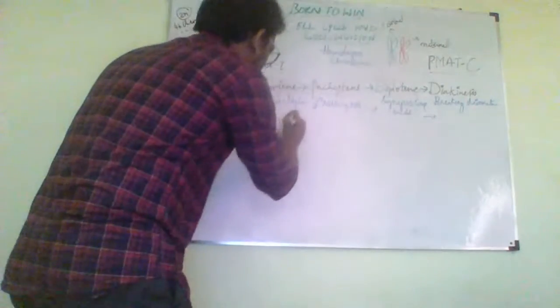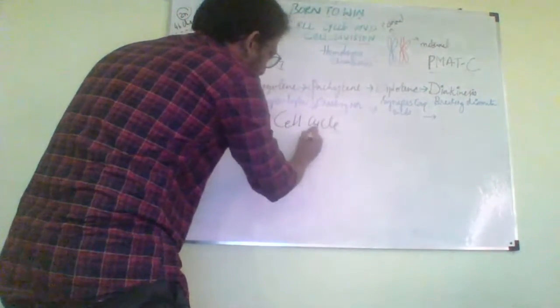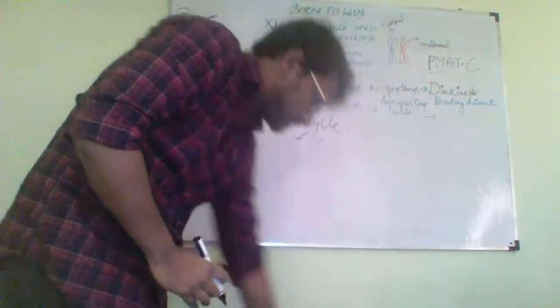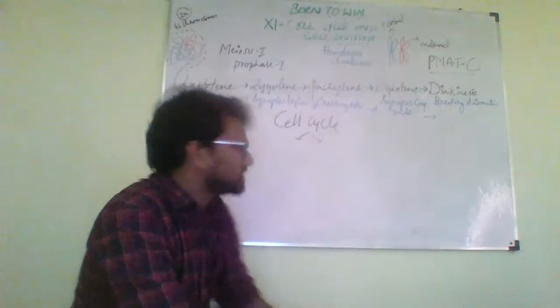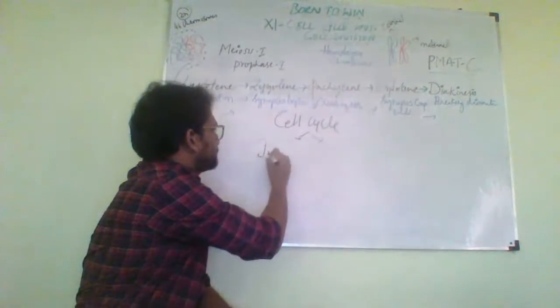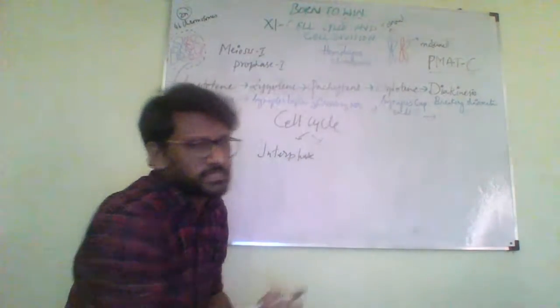If you divide this cell cycle, it has two phases. One is interphase, and one more is M phase.